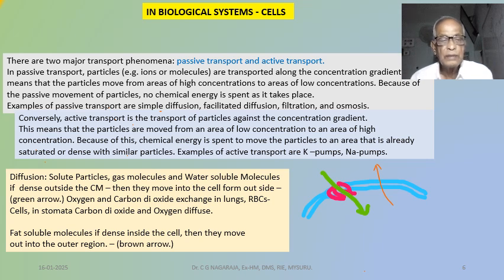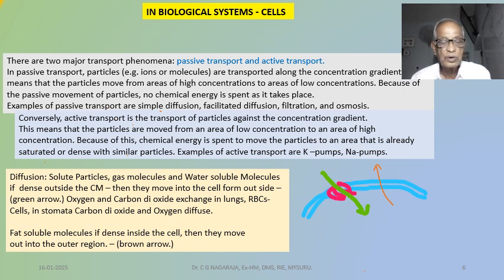In any biological system, usually two different types of movement of materials will be seen. One is called passive transport, the other is called active transport.